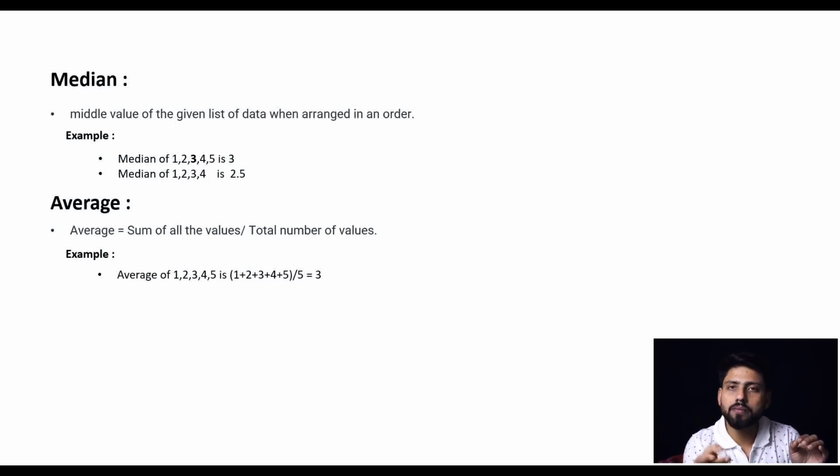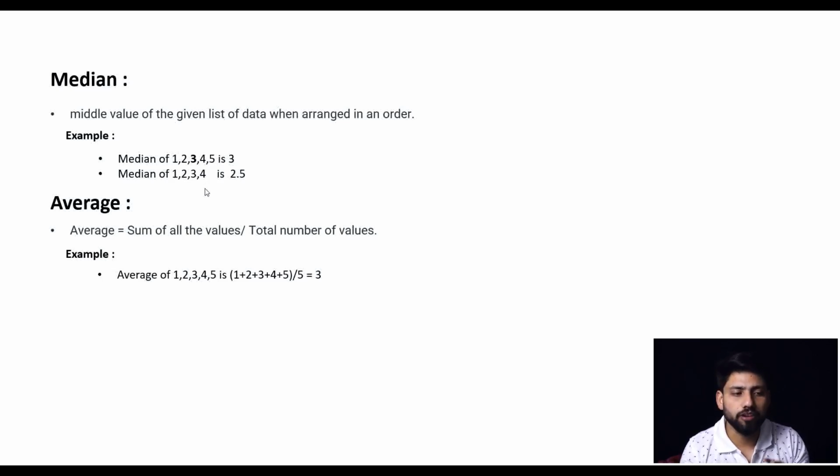Now 2 will not be the median. Those are only the numbers to which one formula will be applied. That formula is basically 2 plus 3. In this case, you have the middle values as 2 and 3, so we will sum the middle values, that means 2 plus 3, and divide by 2.